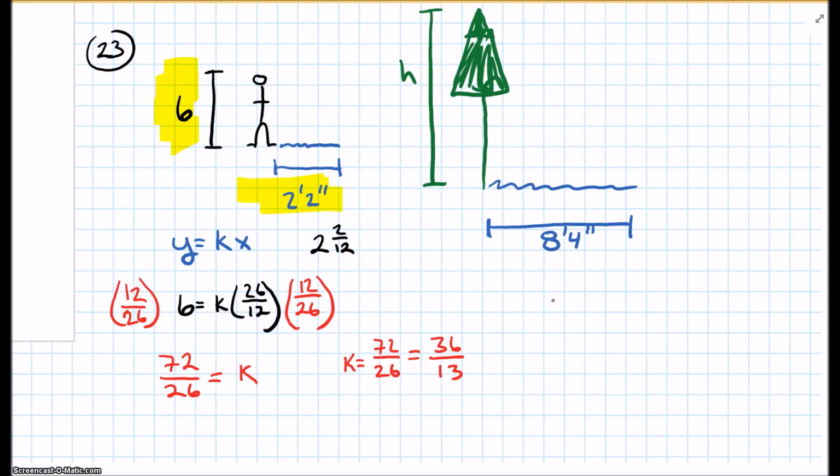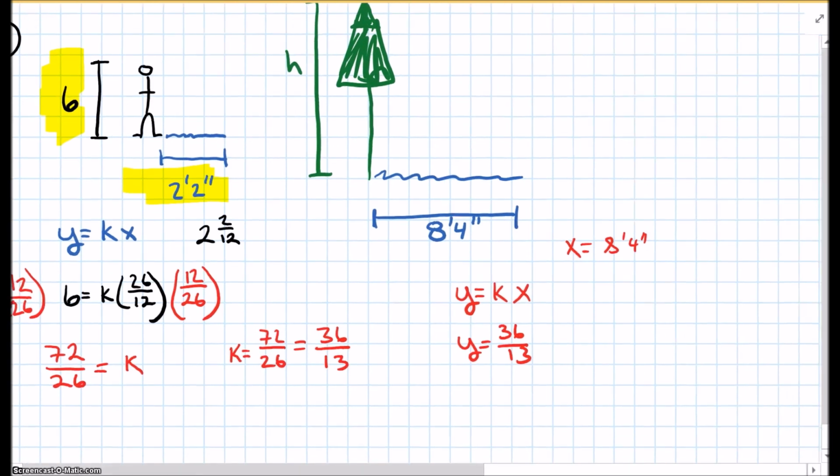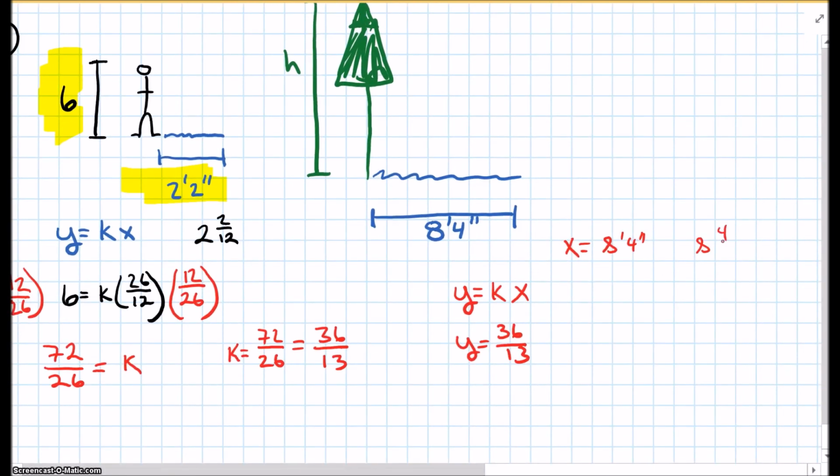Okay, so let's find the height of the tree. The height of the tree, so y equals k times x. Okay, so y equals 36 over 13. My x value is 8 feet and 4 inches, which is the same as 8 feet and 4 over 12.